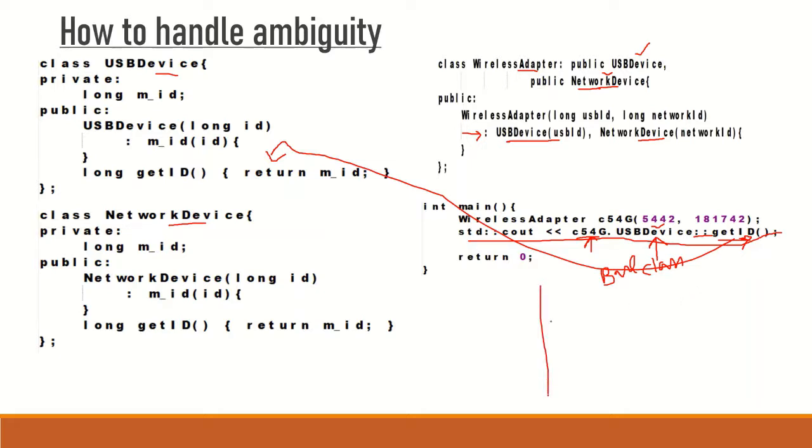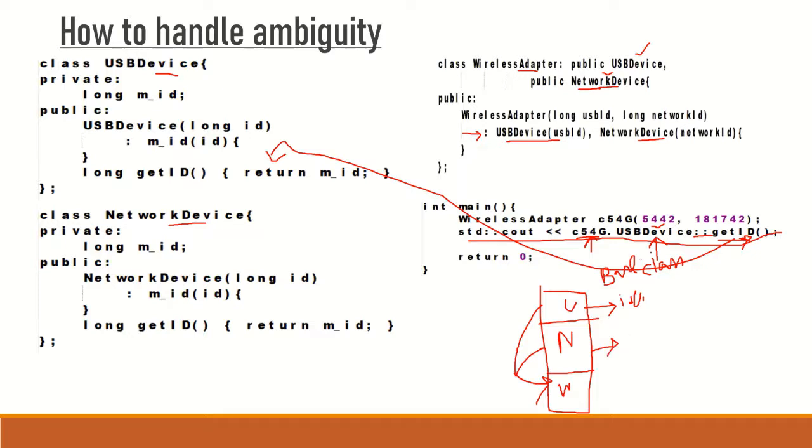This was our previous diagram that we used to understand this function call. Here we have the USB class and the network class, and last we have the wireless adapter class, which is inherited from both these classes, USB and network. USB has a function called get id, and similarly the network class also has a function called get id.